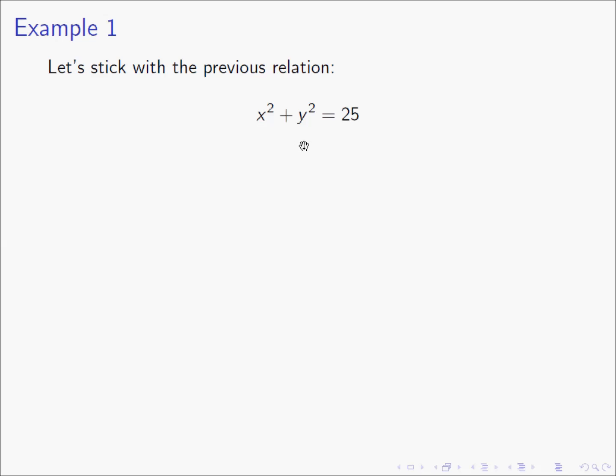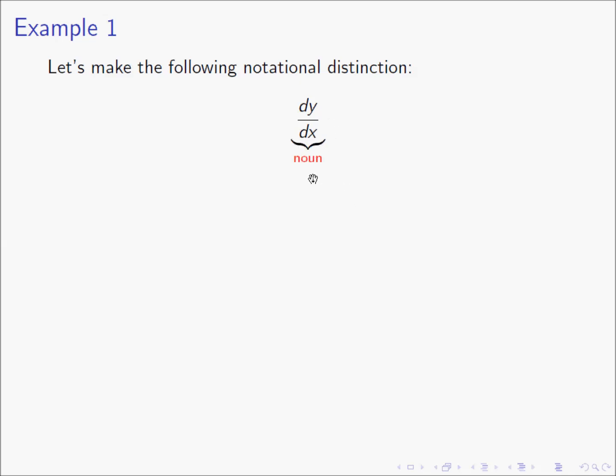Let's consider again this equation, and we're going to write y equals f of x to make it very clear that y is a function of x. Replacing this, we have x squared plus f of x squared equals 25. And now we need to do a notational distinction. When we write dy over dx, we're talking about a noun.